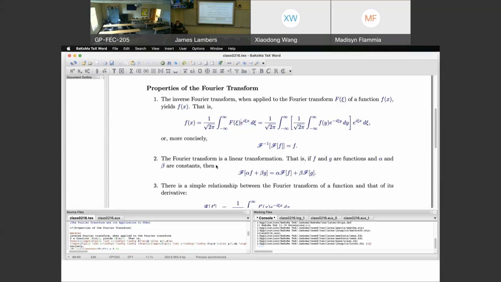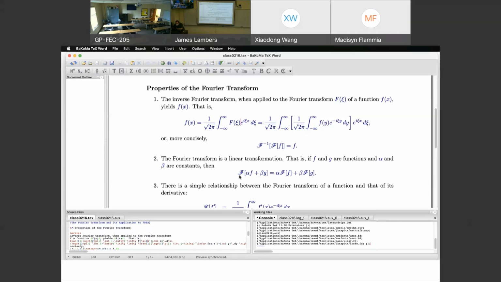Next property: like many operations we come across, the Fourier transform is a linear operation. So, in other words, the Fourier transform of a sum of functions is the sum of their Fourier transforms. If you scale a function by a constant, then the Fourier transform is scaled by that same constant.